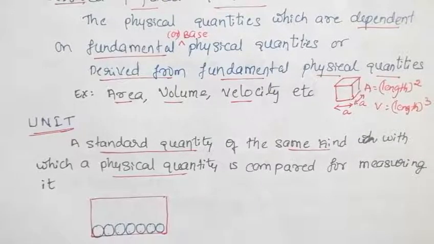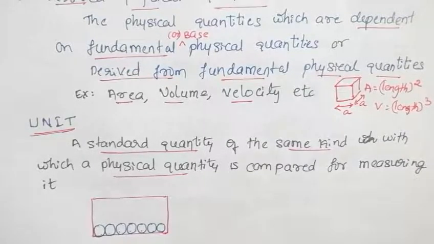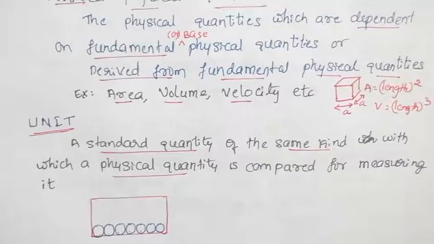Now see here, one ball I kept how many times? 7 times, to know the length of the notice board. So now I can say the length of the notice board is how much? 7 times the length of each ball.